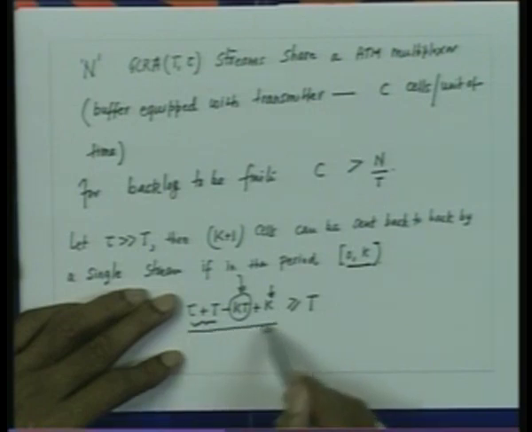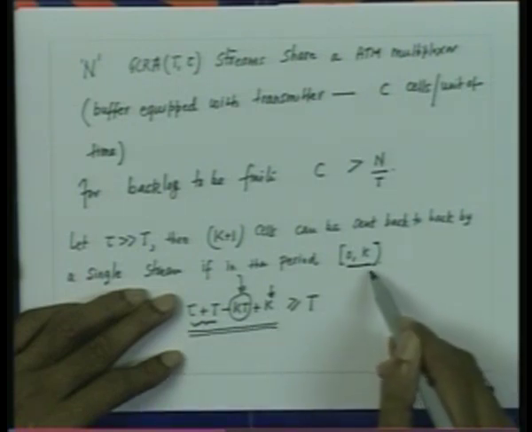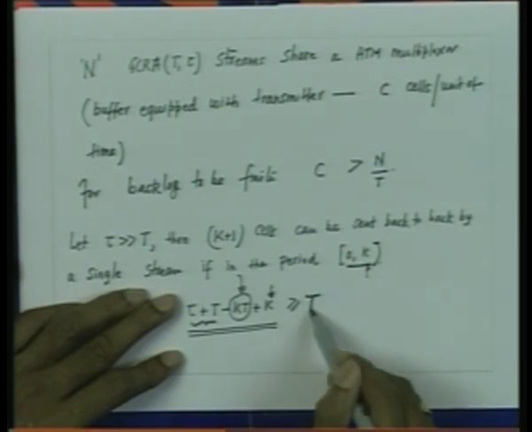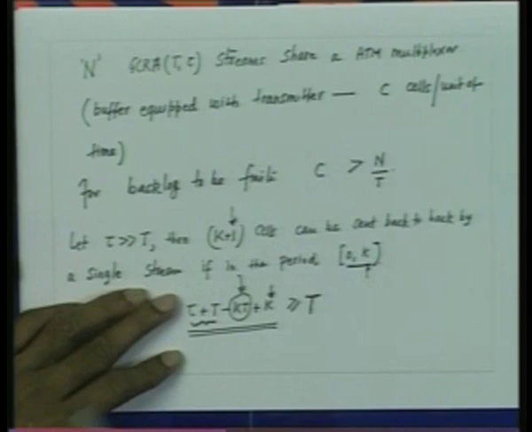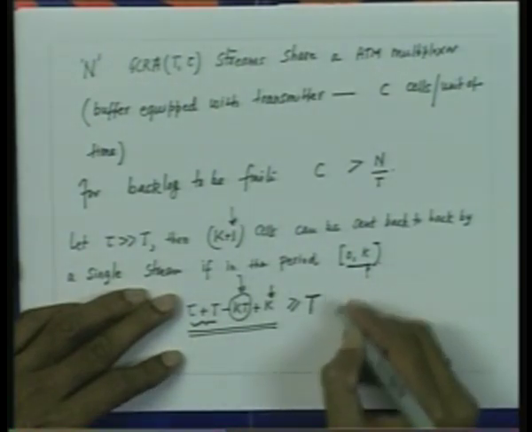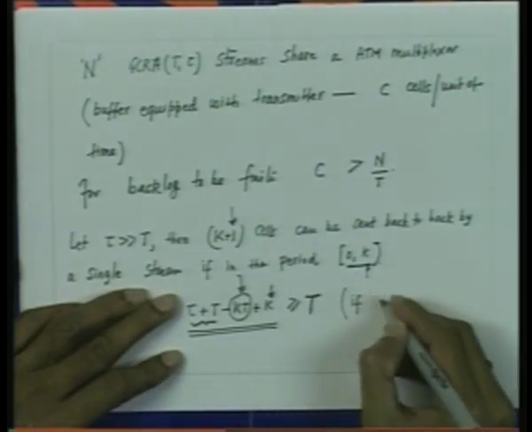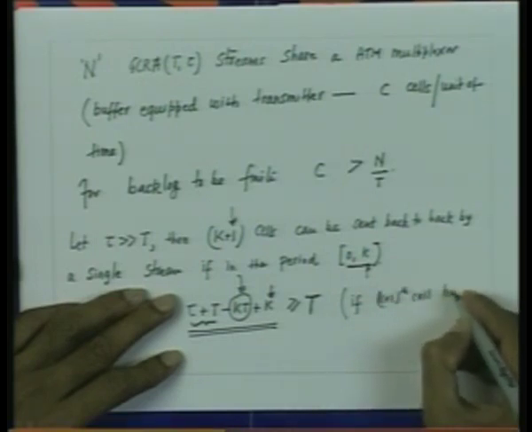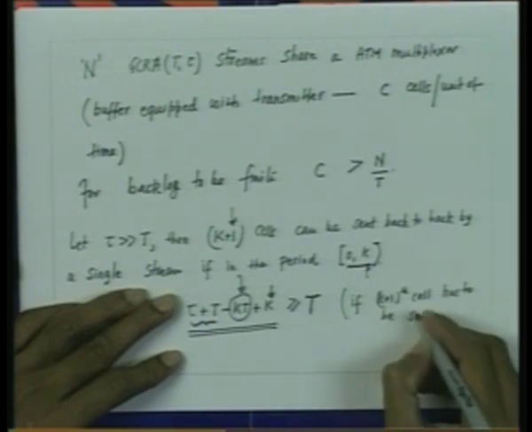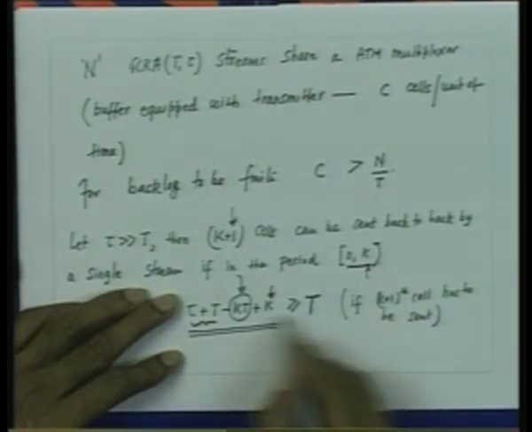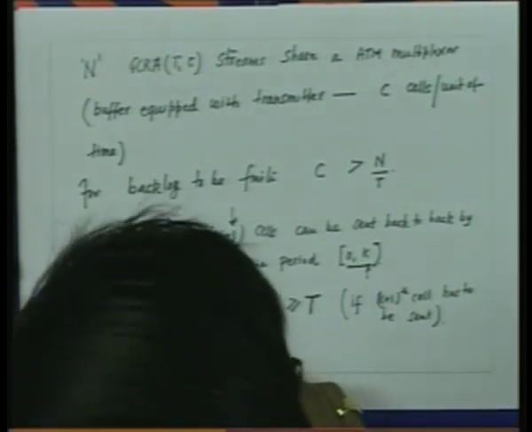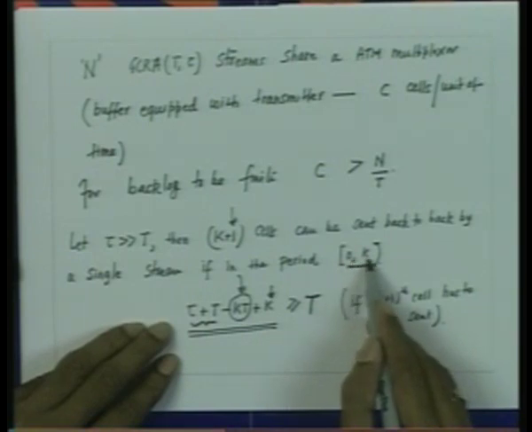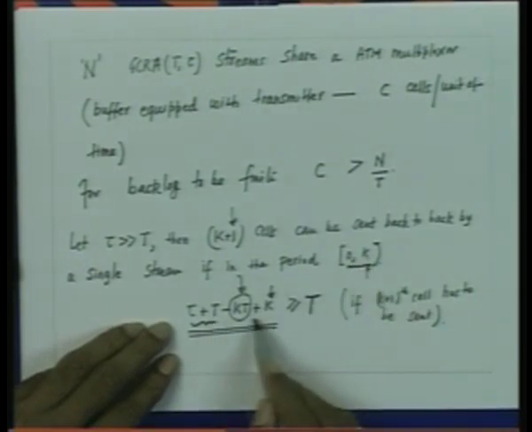Now this is the amount of fluid which will be there in the bucket at the kth instant. Now this should be greater than or equal to T if the k plus 1th cell has to be sent. So this explains that k plus 1 cells can be sent back to back by a single stream if during this period 0 to k we satisfy this quantity.